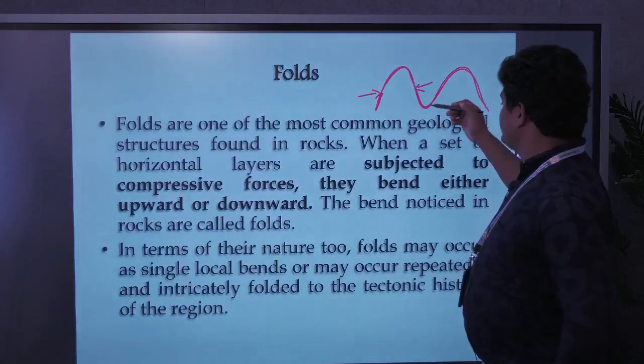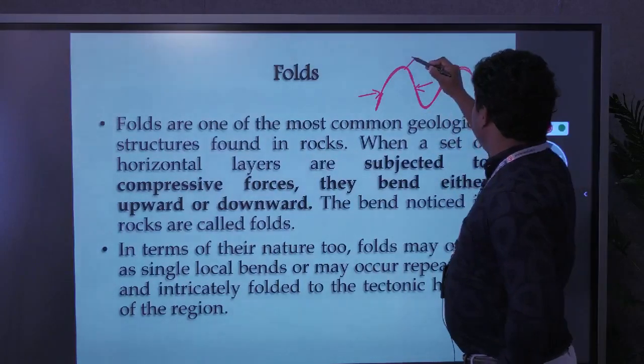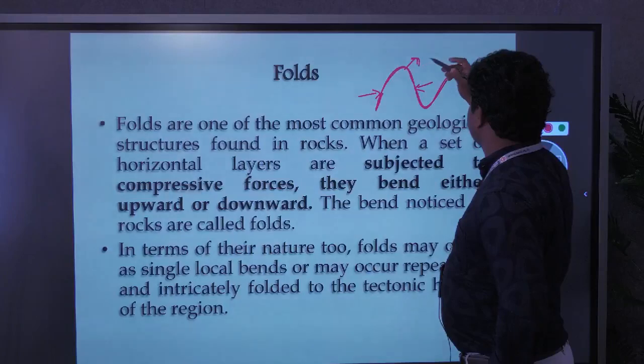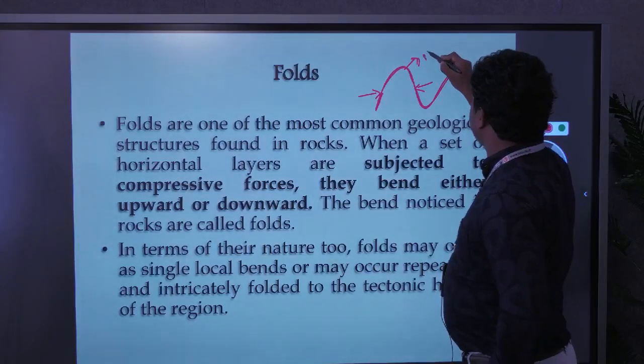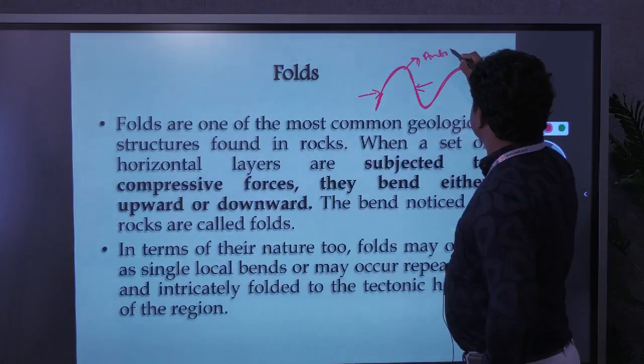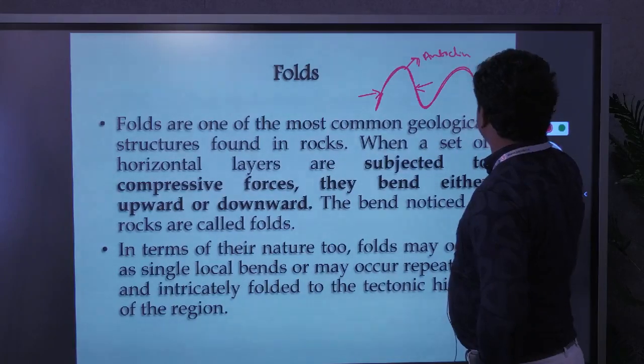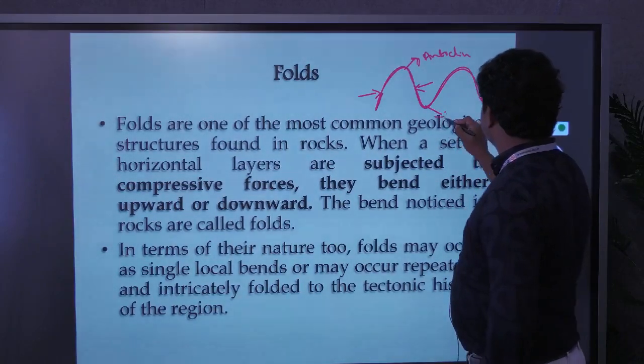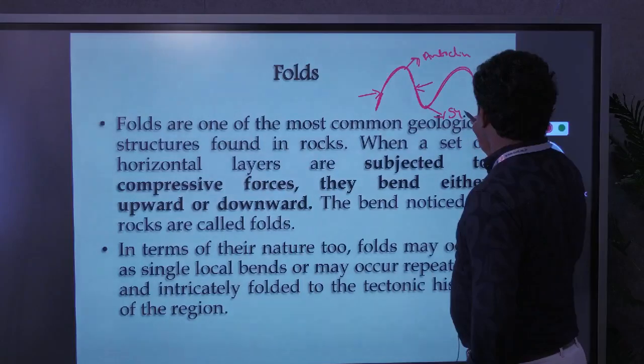The convex side is called an anticline, and this one is called a syncline.